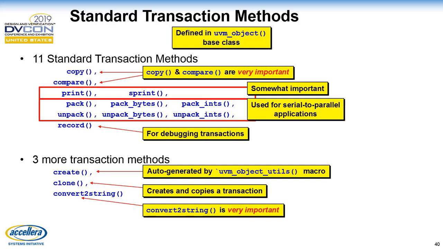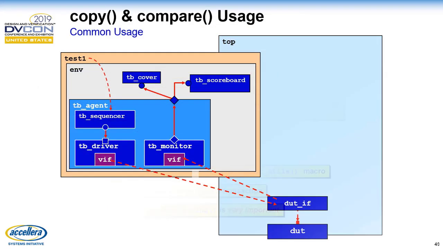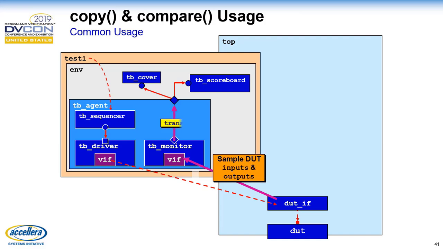And because it's there, any extended class can make an assignment to the base class and call these methods using a base class handle. So when it comes to common usage, we've already talked about sampling all the signals back into a transaction and passing them up to the coverage collector and scoreboard. In the coverage collector, in the predictor, you typically take a copy of the transaction.